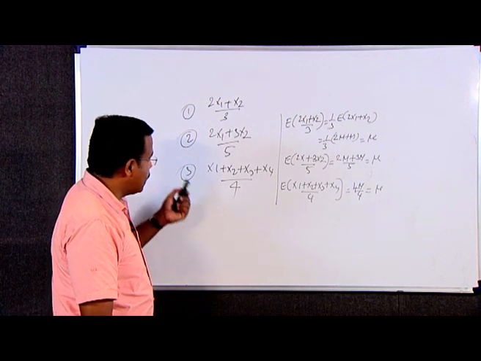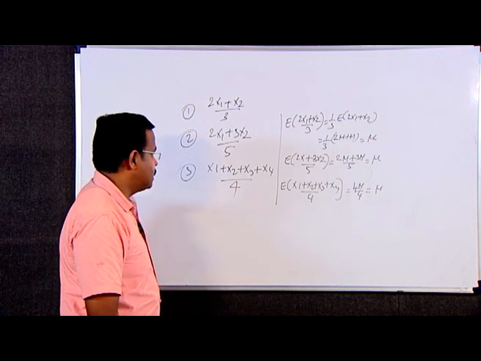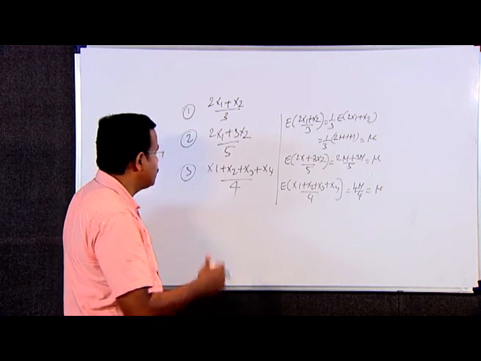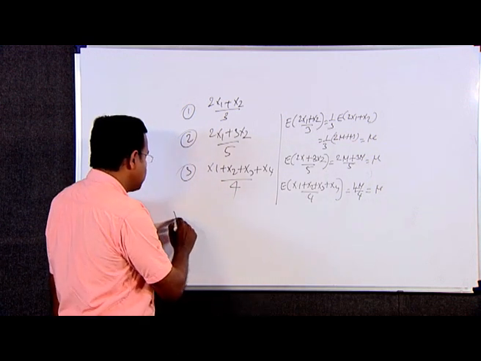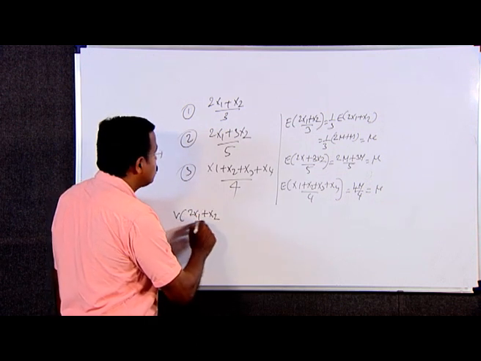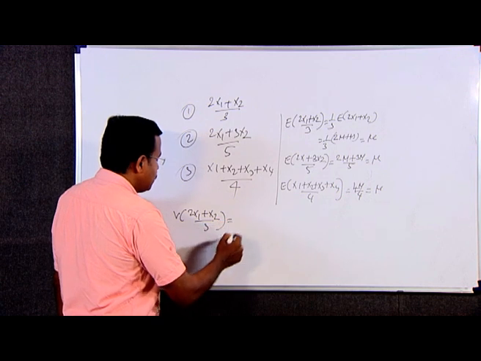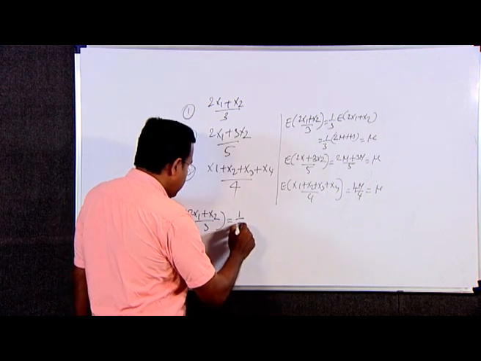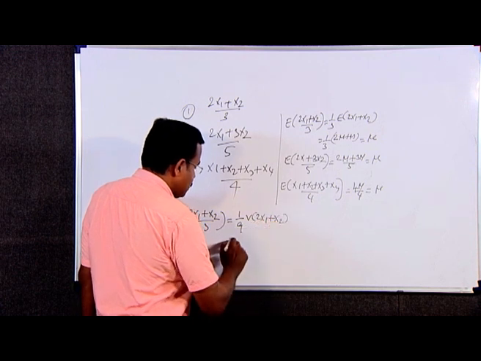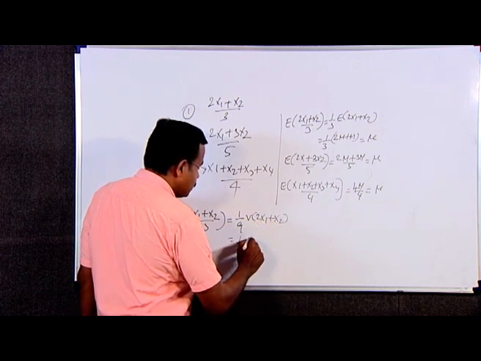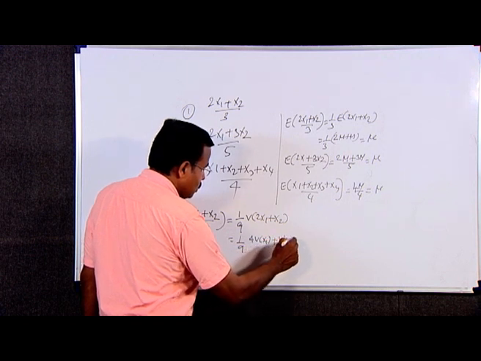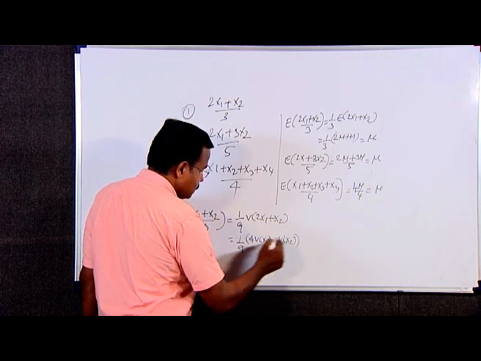Now, we want to identify which is more efficient. To compare their efficiencies, we want to find their variances. Variance of 2x1 plus x2 divided by 3 is equal to 1 by 9 into variance of 2x1 plus x2, that is 1 by 9 into 4 into variance of x1 plus variance of x2, since they are random samples.